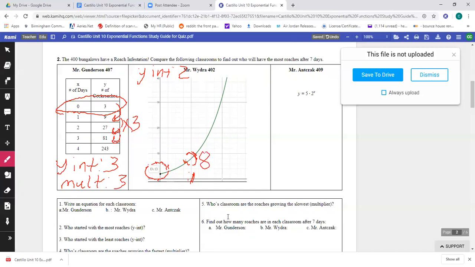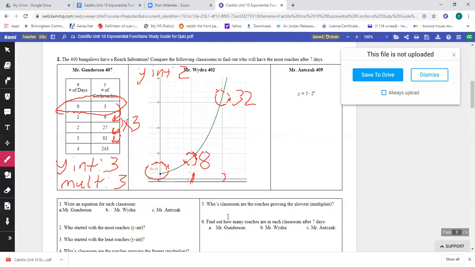And then I go to where x is equal to 2, which is right here, right? I go up to here. And I see the y value here is 32. So it goes from 2 to 8 to 32.